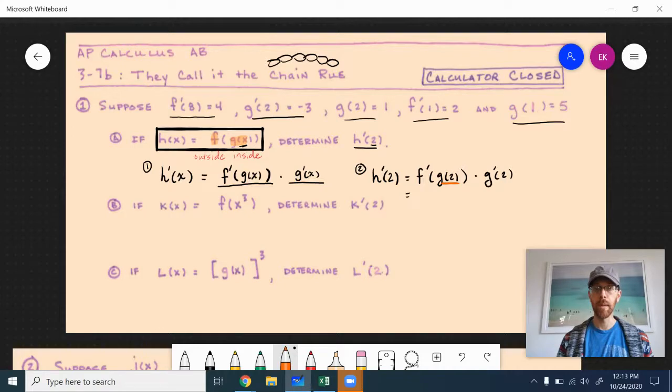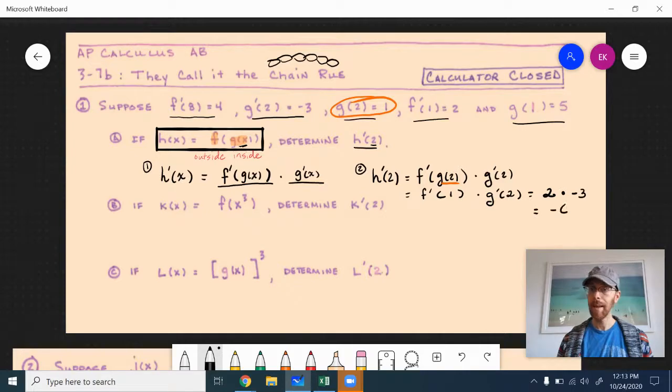Oh, yes, we were. G of 2 is equal to 1. Therefore, this is really asking us for f prime of 1 multiplied by g prime of 2. F prime of 1 is 2. G prime of 2 is -3, which gives us -6.